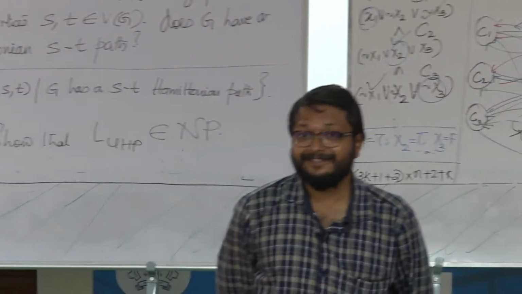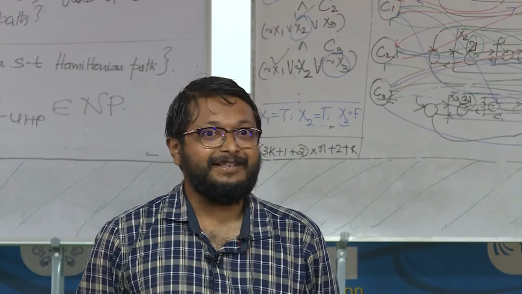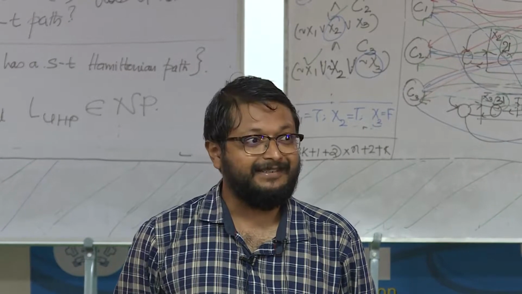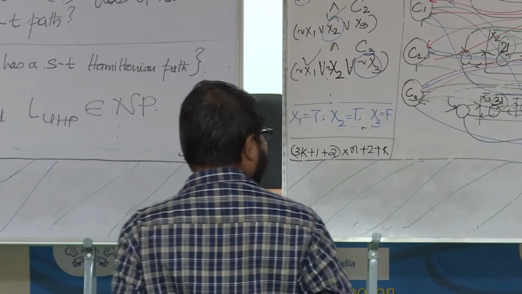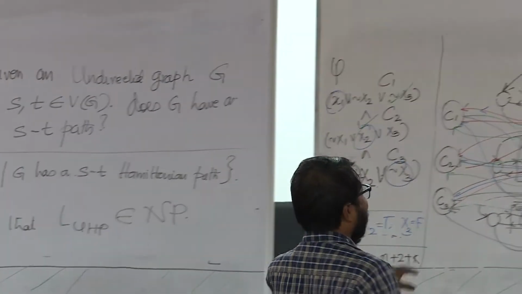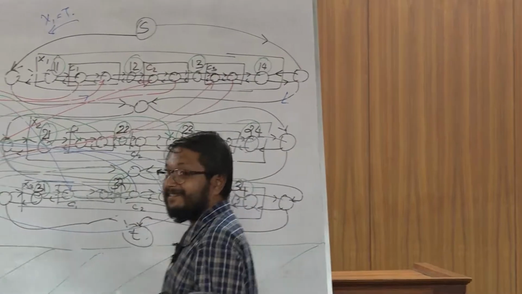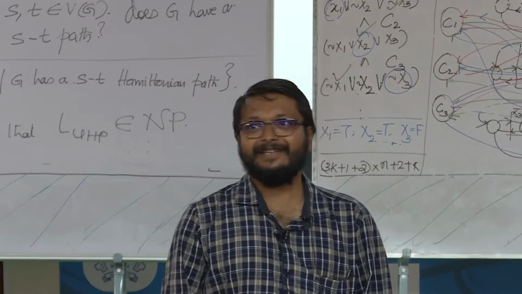What will you do? One simple intuition one should have is don't start from 3SAT again. Somehow try to get a reduction from an already shown hard problem, the directed ST Hamiltonian problem, to the undirected version. Okay.